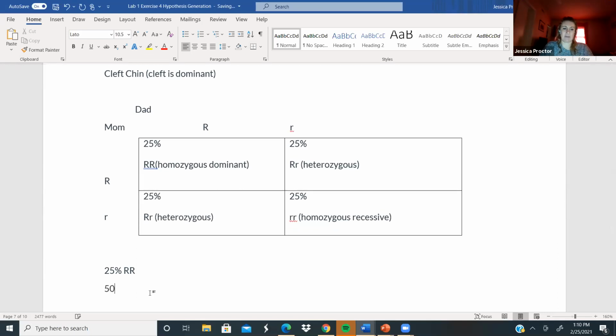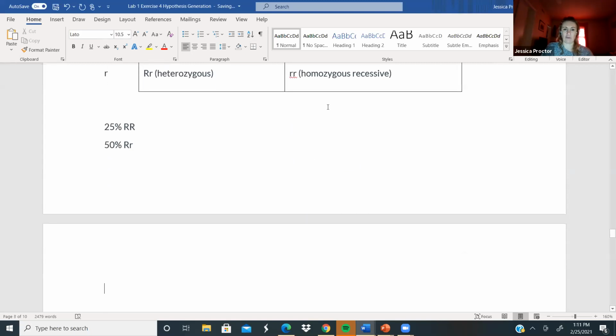And they have a 25% chance of having a child that is homozygous recessive for tongue rolling. Okay, so these are genotypes. Whenever you see the alleles combined like that, those are genotypes. So 25% chance of homozygous dominant, 50% chance of heterozygous, and a 25% chance of homozygous recessive.